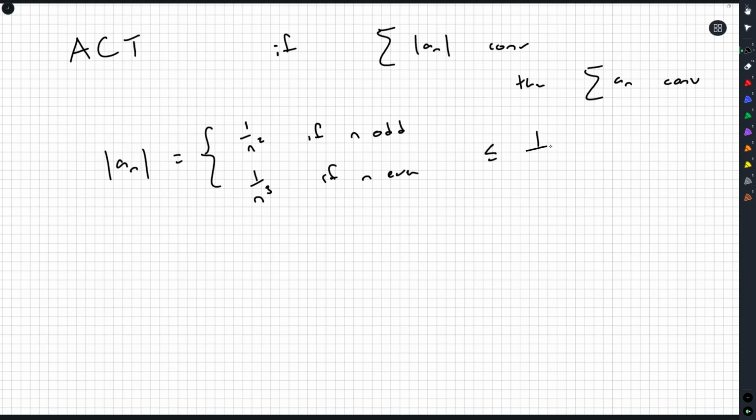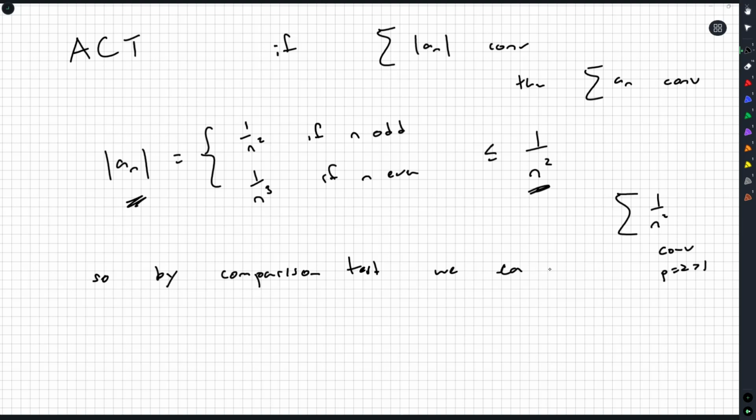But you can definitely say, okay, well, they're clearly less than 1 over n squared. The sum of 1 over n squared converges. As we said, it's a p-series, p equals 2 and greater than 1. And so, because the absolute values are less than 1 over n squared, you can say by the comparison test, we can see, well, if the bigger one converges, then the smaller one, in this case the absolute values, must converge.